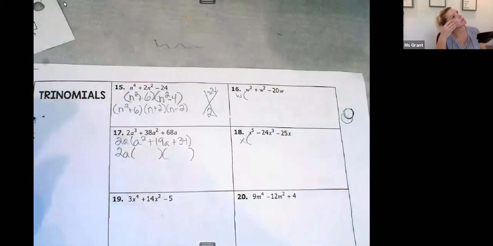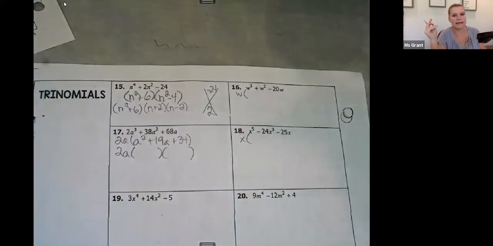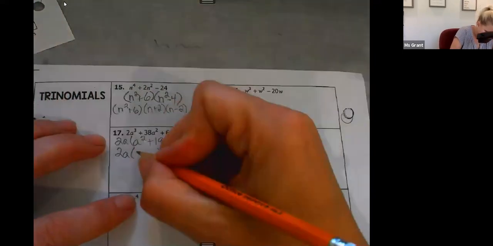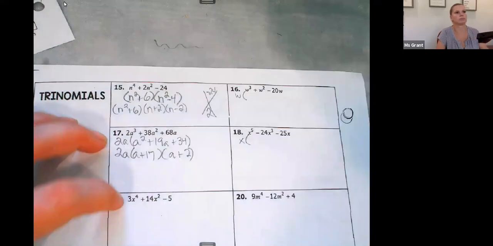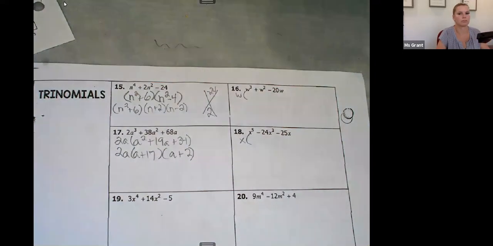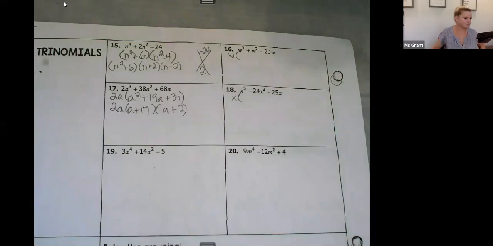So two numbers that multiply to make 34 but add up to 19: a plus 17, a plus 2.